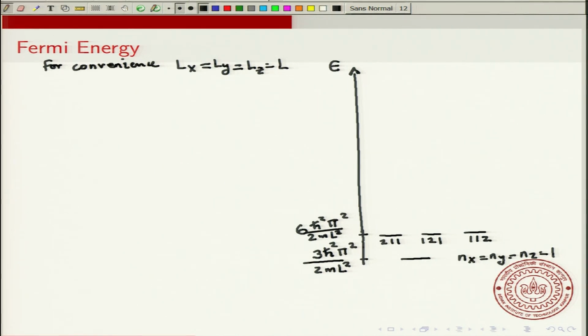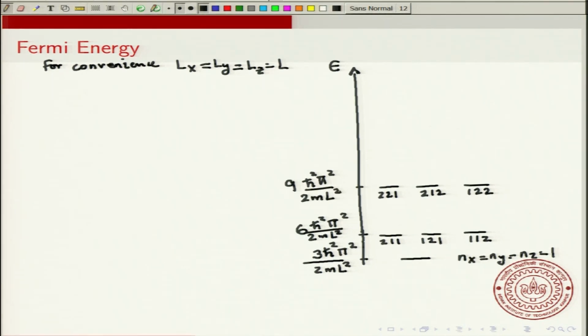Then similarly you can take the next level, which will be 2 2 1, 2 1 2 and 1 2 2. So I can write this as 2 2 1, 2 1 2, 1 2 2, and now the energy is equal to 9 h cross square pi square by 2 m L square.